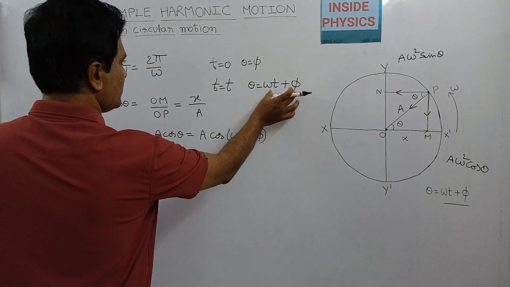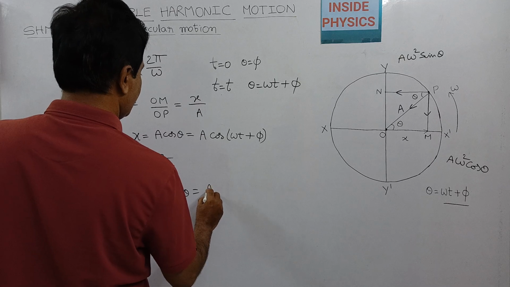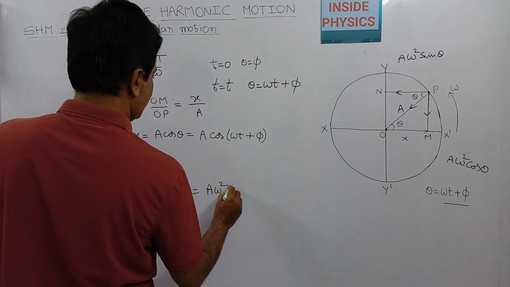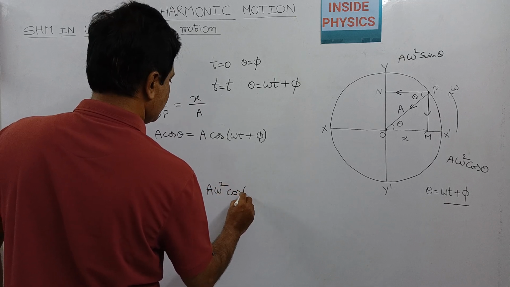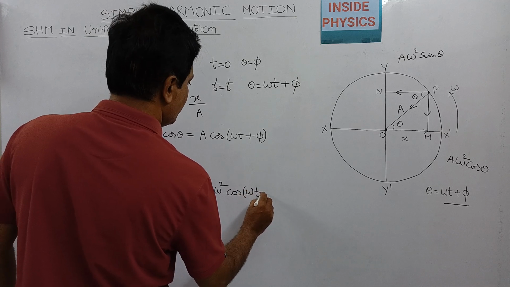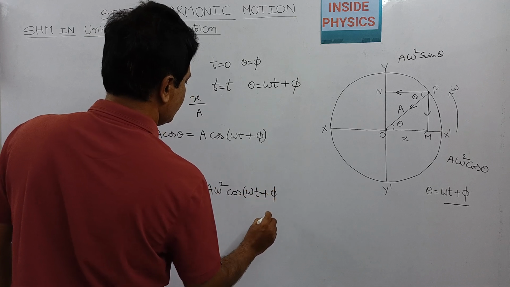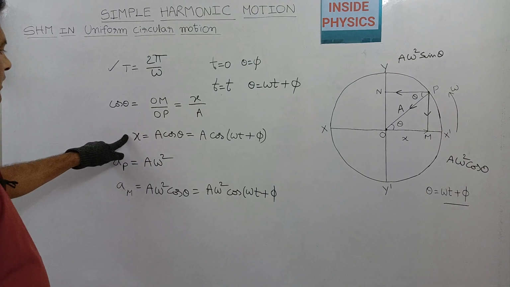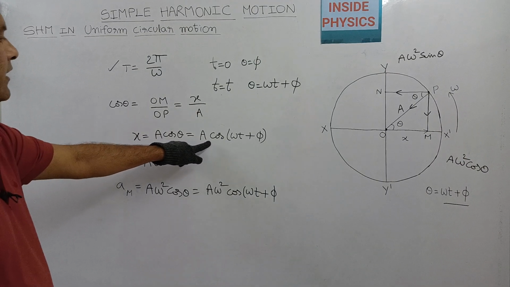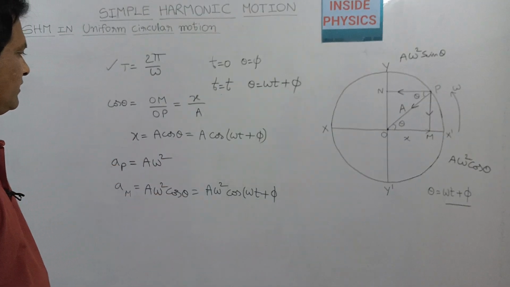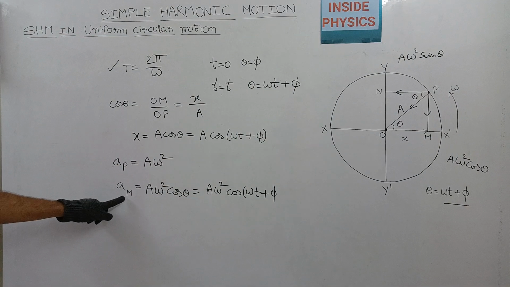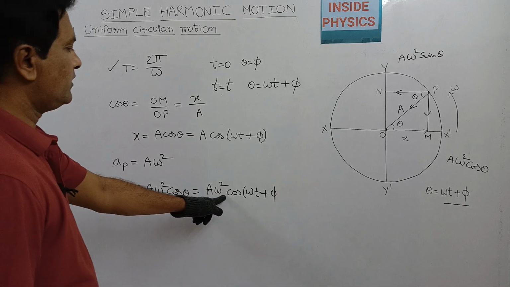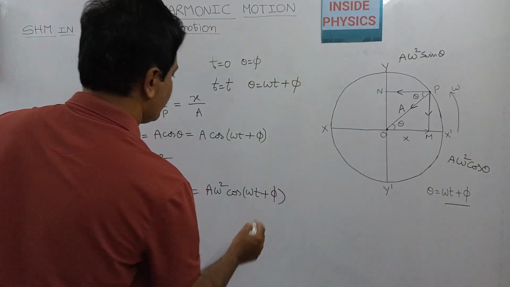We know theta is equal to omega t plus phi. So we can write A omega square cos of omega t plus phi. If you observe, x is nothing but A cos of omega t plus phi. And AM, the acceleration of the projection, is A omega square cos of omega t plus phi.